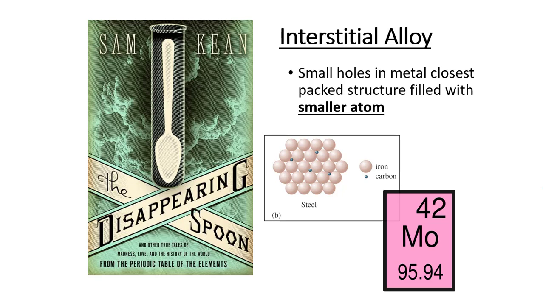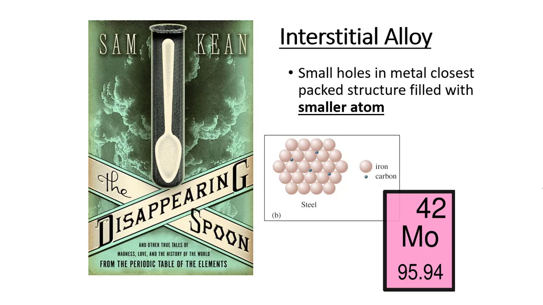But anyway, an interstitial alloy is when, instead of substituting out one metal with some other substance of similar size, you substitute in a smaller metal or a smaller atom of a different type.